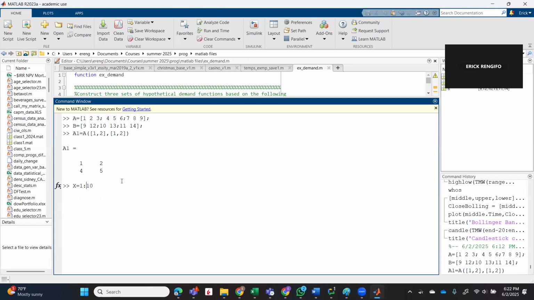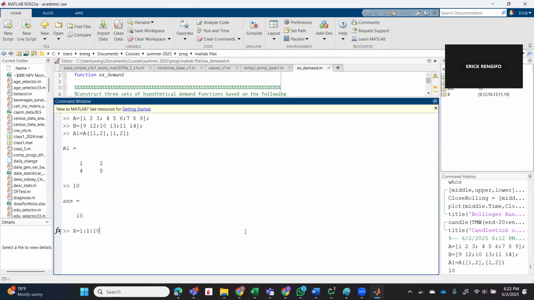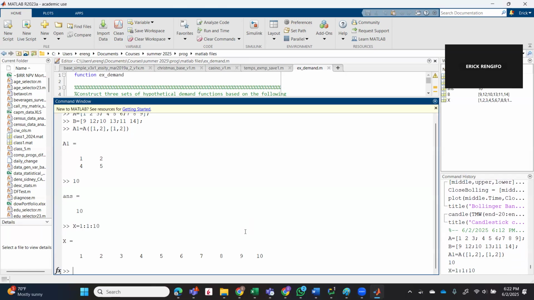But sometimes we want to increase in 2s or in 1.5 or whatever you can imagine. So the increment goes in the second position. I will do this just for notation. What I'm saying here, MATLAB, is, okay, do a sequence from 1, increasing by 1, and stop at 10. That's what you are creating.